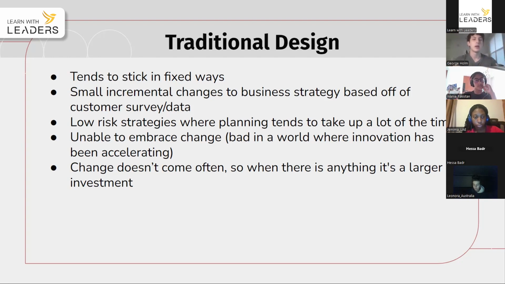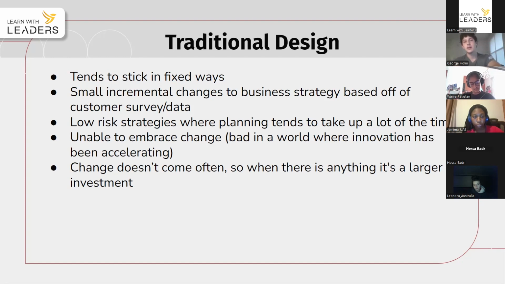Generally in this situation, you're unable to embrace change, which is not great in a world where change is ever accelerating. Every single day there's a new technology that's supposed to change the world, and change is happening a lot faster than it used to.